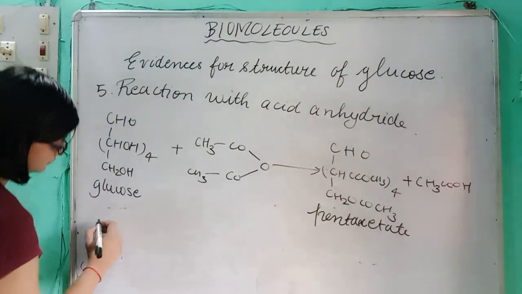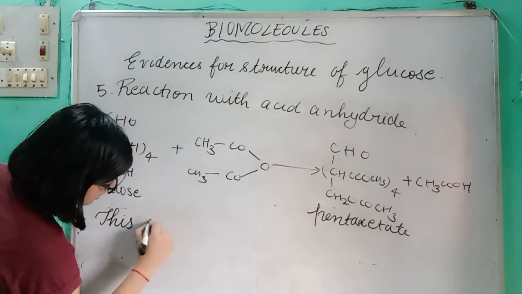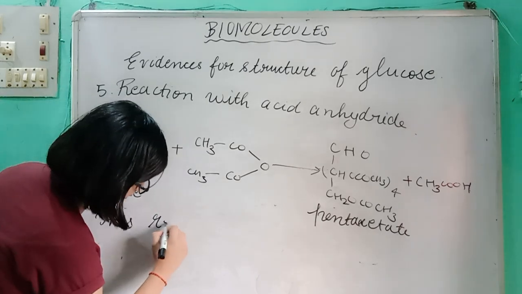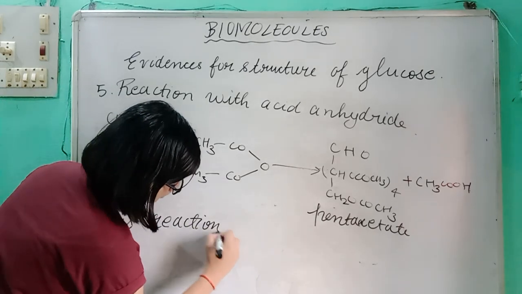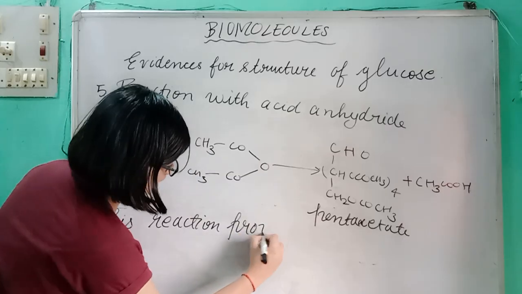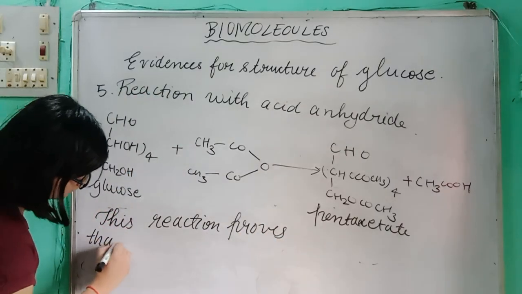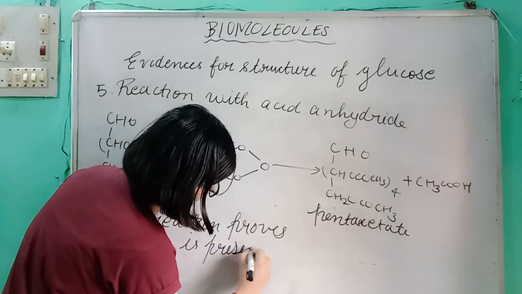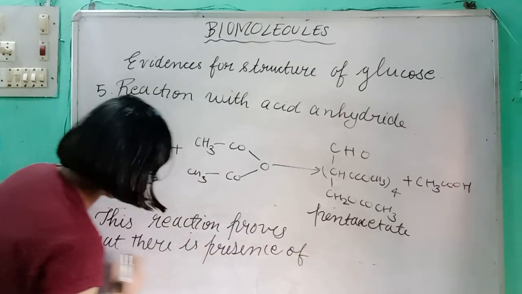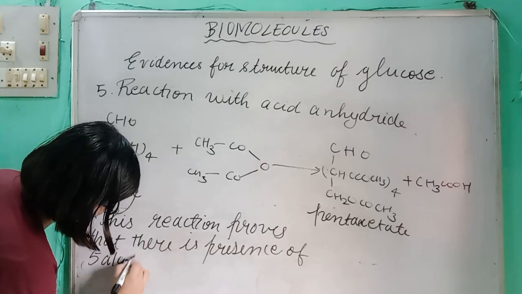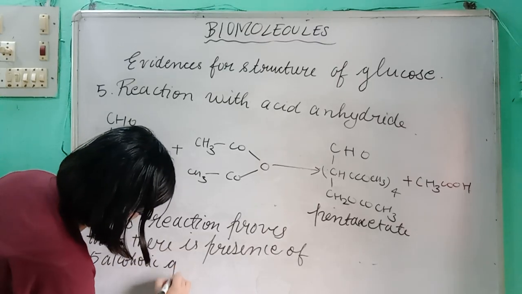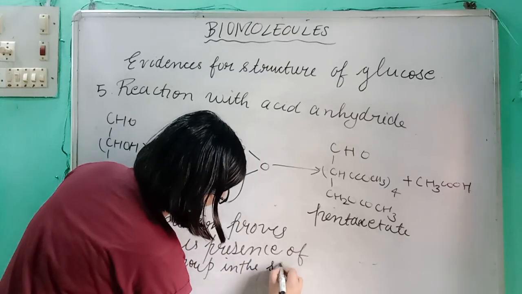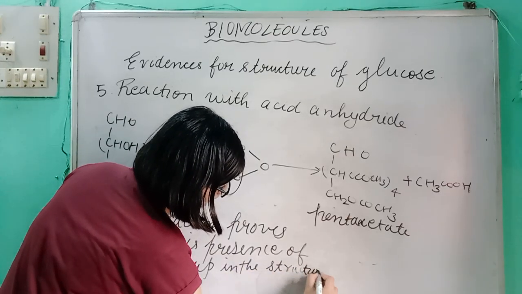So this reaction proves that there is presence of 5 alcoholic groups in the structure of glucose.